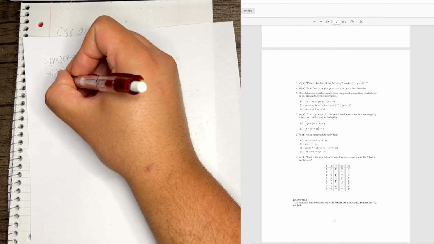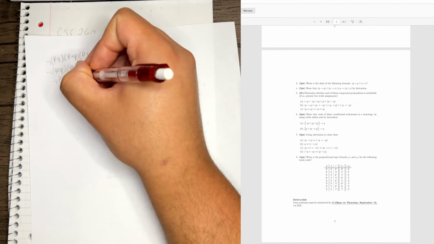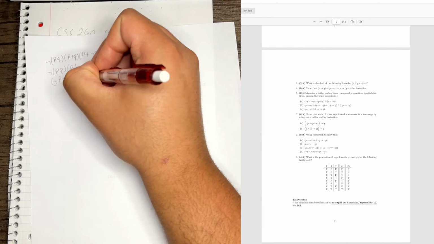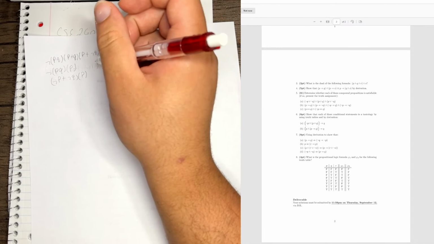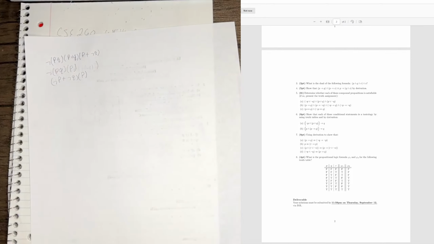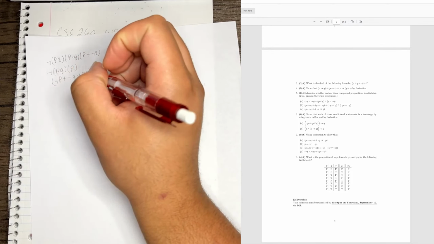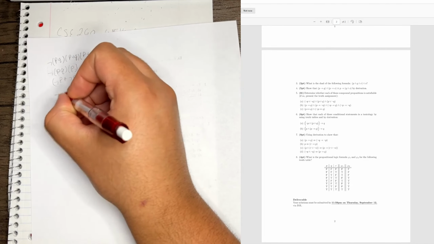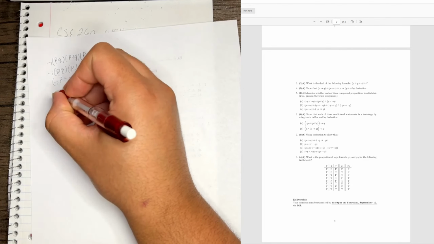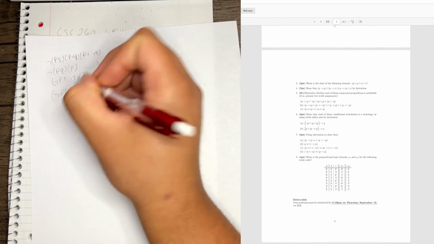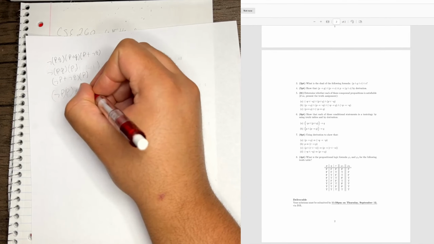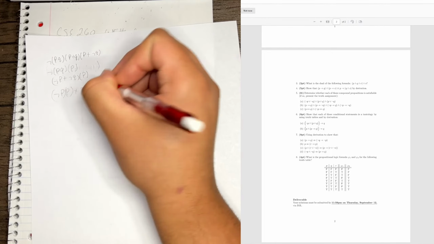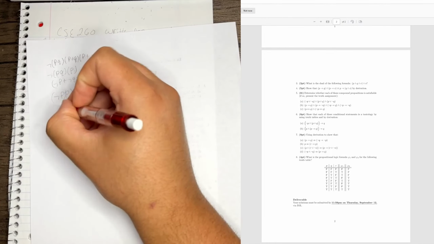Not P or not Q or P, and P, sorry. So we can distribute that, so that'd be not P and P, or P and not Q. That's always false.